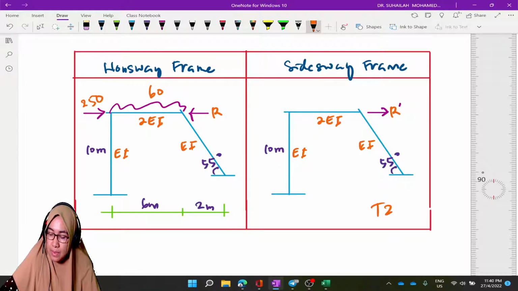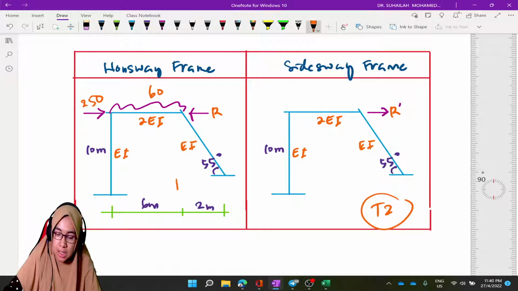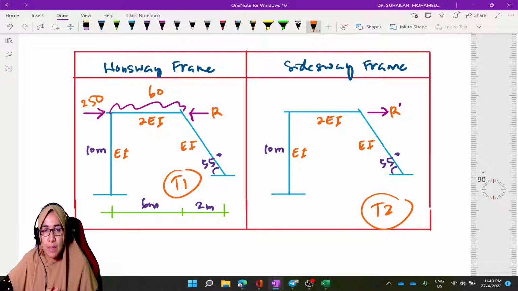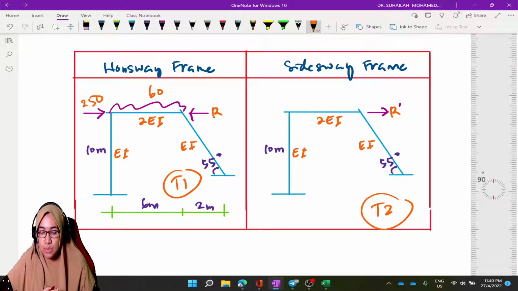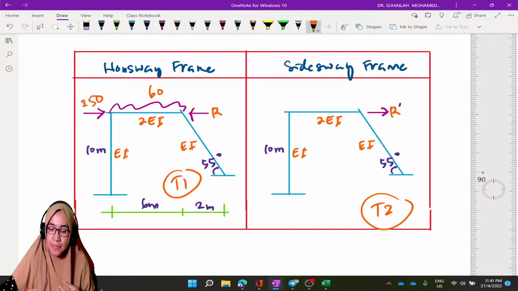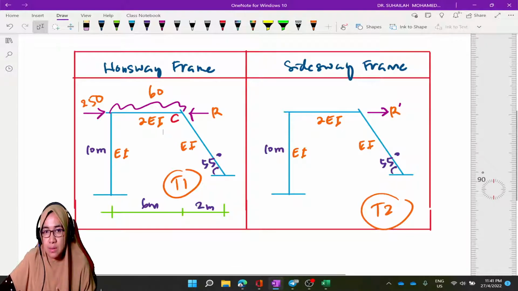This one is table 2, and table number 1. Table number 1 is the non-sway frame. It is properly restrained, due to the artificial support that we put into C, which brings the restraining force.